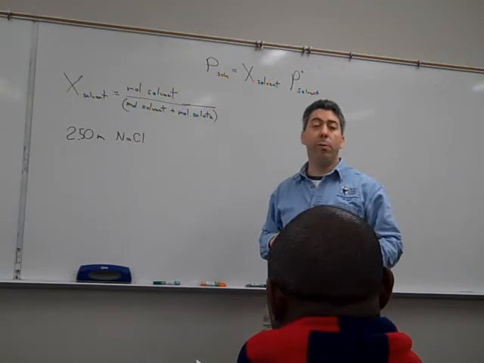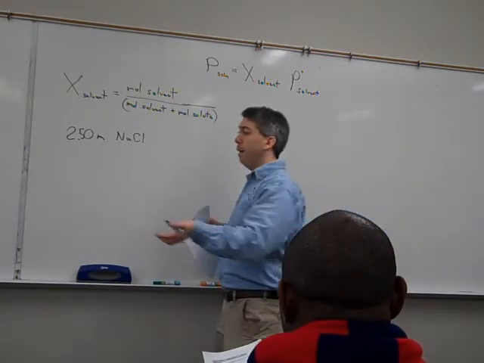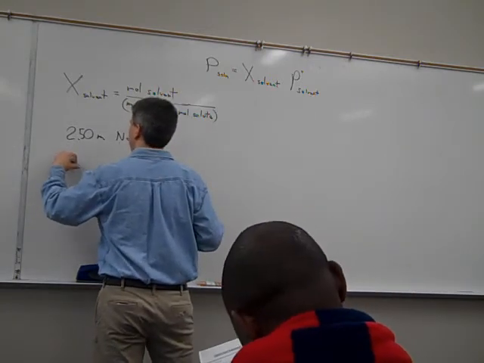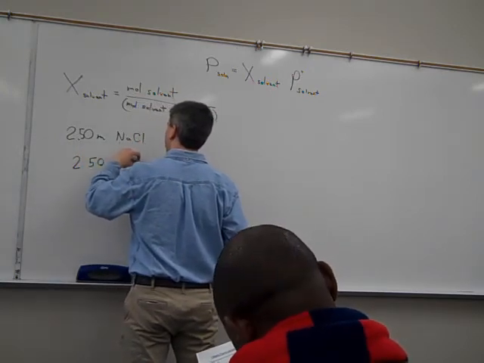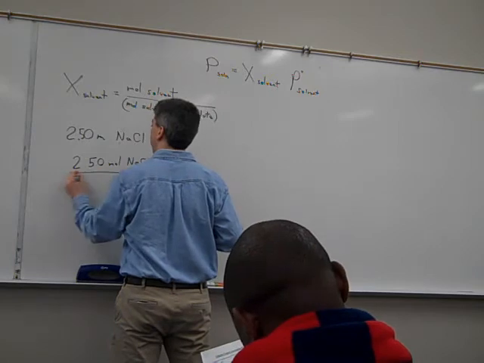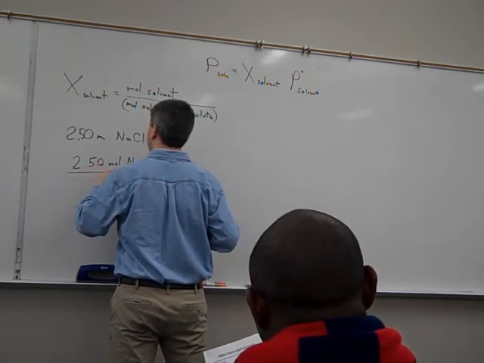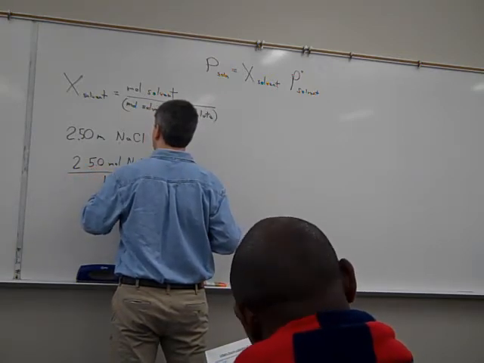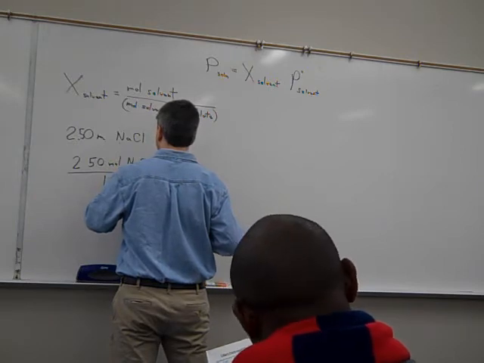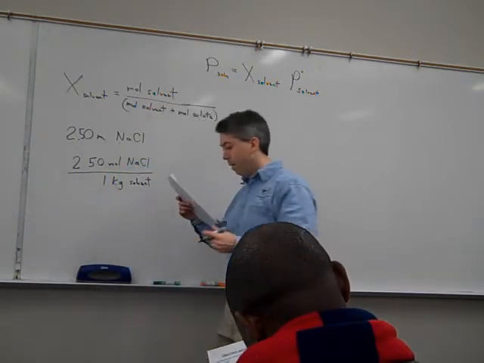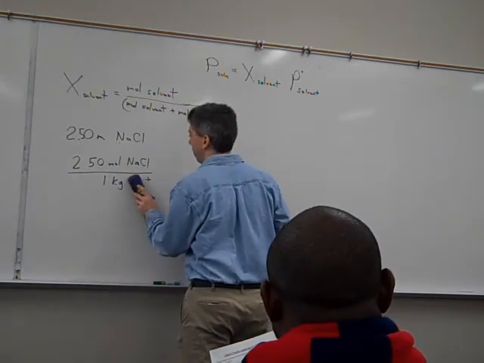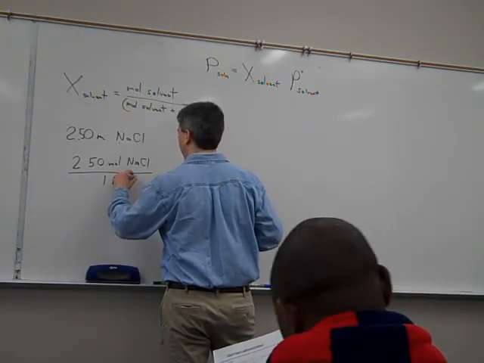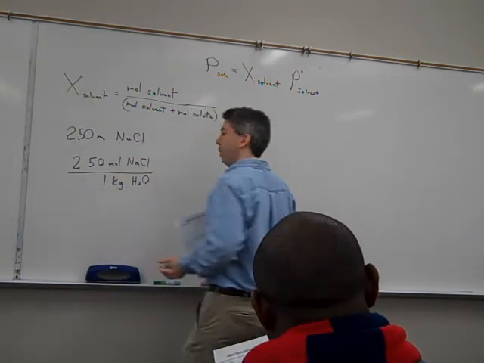And since we know molality is moles per kilogram, I could break this up into its conversion factor form and write it as 2.50 moles of NaCl per 1 kilogram of solvent, which in this case is water, right? Because it says aqueous solution, so this is actually 1 kilogram of H2O.